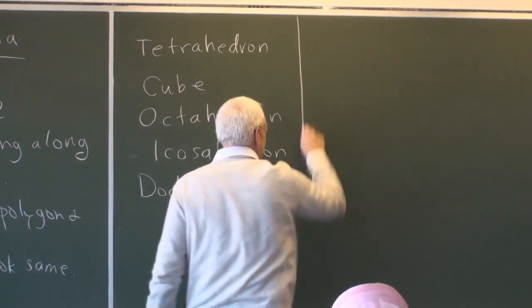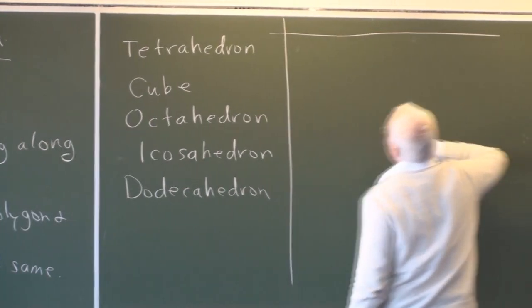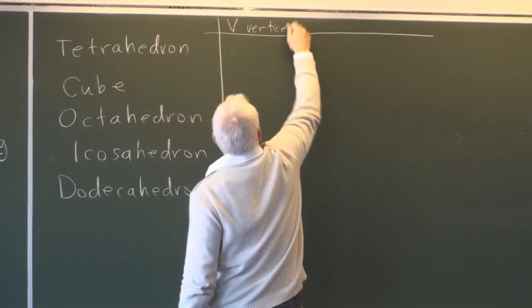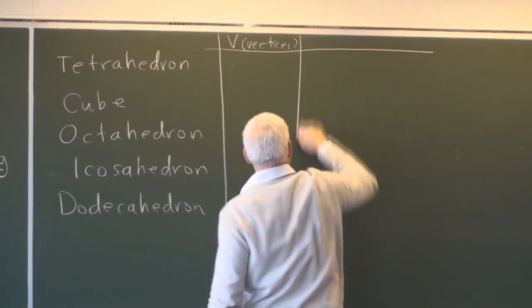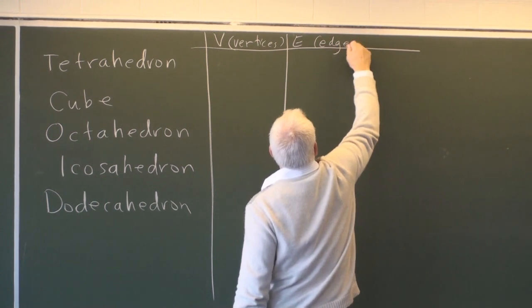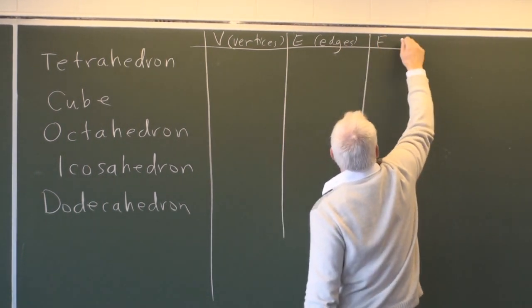And we'll make a little table here where we list the number of V for vertices, E for edges, and F for faces.